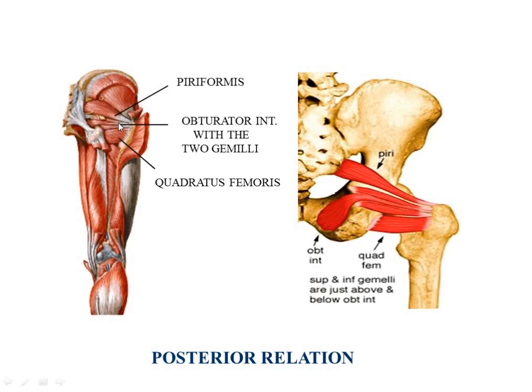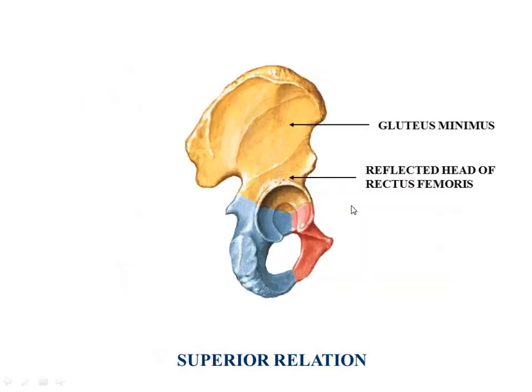So piriformis, obturator internus tendon, with superior gemellus, inferior gemellus, and quadratus femoris are going to the greater trochanter, arising from the sacrum, etc., and going laterally. So from the hip bone to the greater trochanter, they are covering the joint posteriorly. So they are forming the posterior relation of the hip joint.